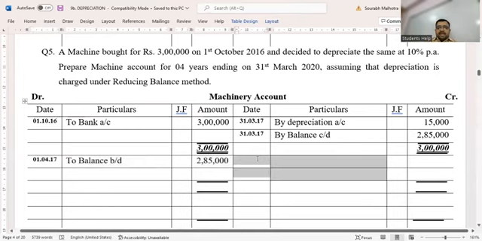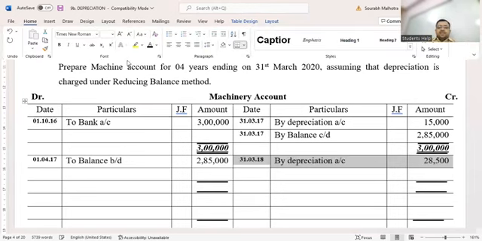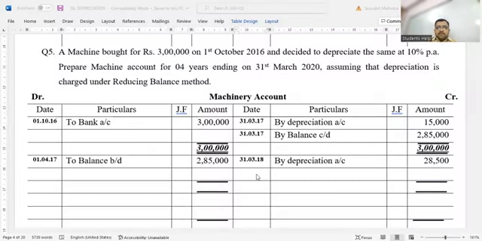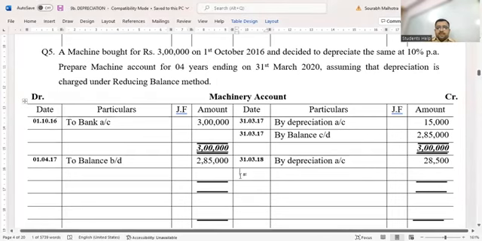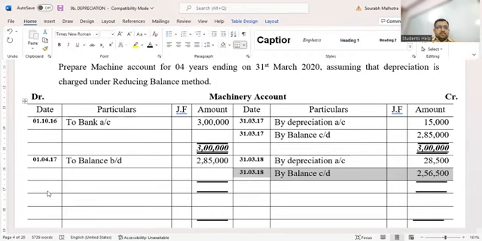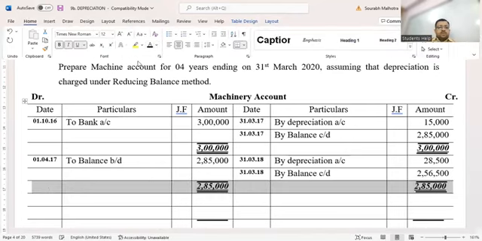So again, children, by depreciation, 10% of 2,85,000 is 28,500. Carried down के बाद brought down complete करिए very quickly, children. So we have a depreciation amount of 28,500. The carried down value would happen to be rupees 2,56,500. The same would be next year's brought down.